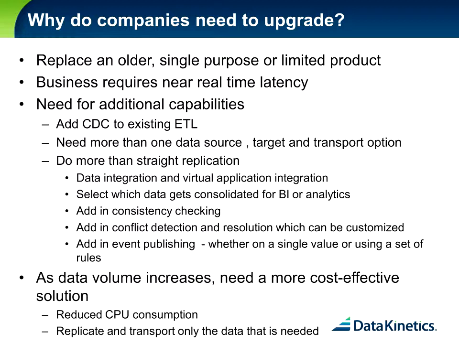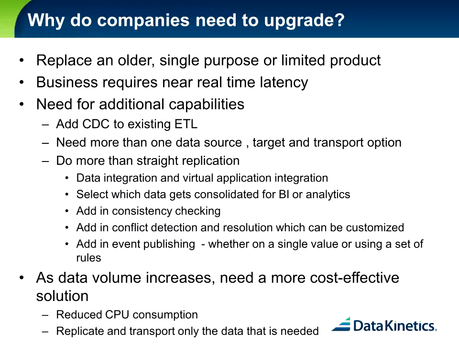For example, change data capture can be used to improve the performance and availability of data, which is currently available through extract, transform, load. There may be needs for more than one data source, maybe more than one target database system, and potentially a transport option change is required because the current transport option is getting expensive from a CPU point of view.